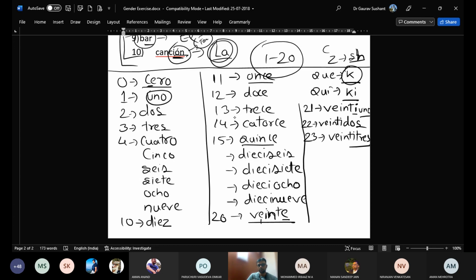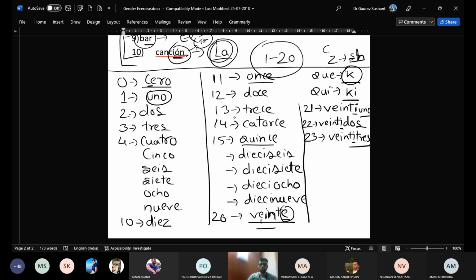The thing which is happening here is E is changing to I at the end of the word 20. So this is how you say it. If you see the pronunciation, let me tell you clearly here again.